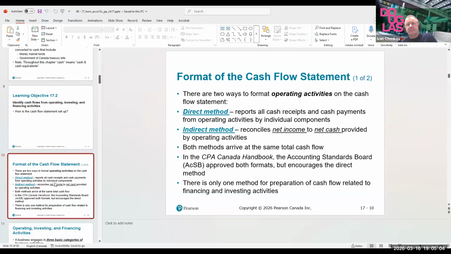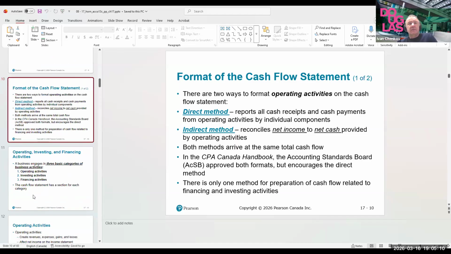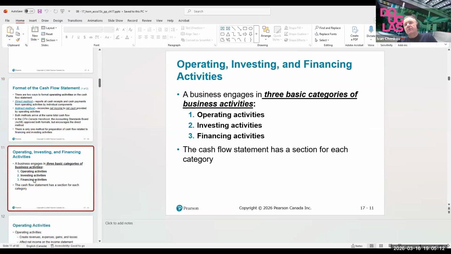Cash flow statement, we're going to have different activities. There are three basic categories on the cash flow statement: operating activities, investing activities, financing activities. And we're going to have three sections, one section for every single one of those activities.